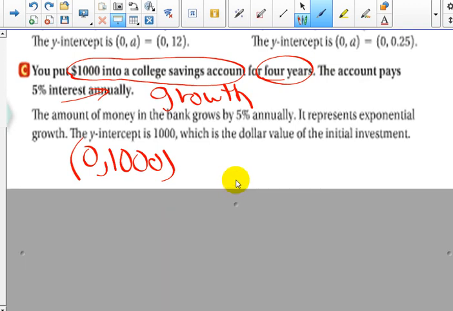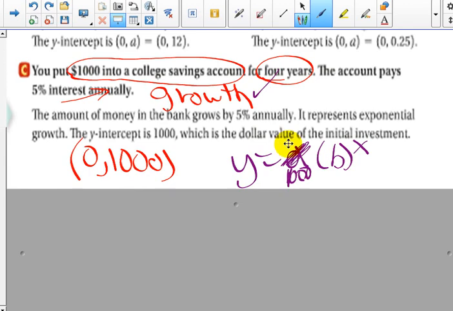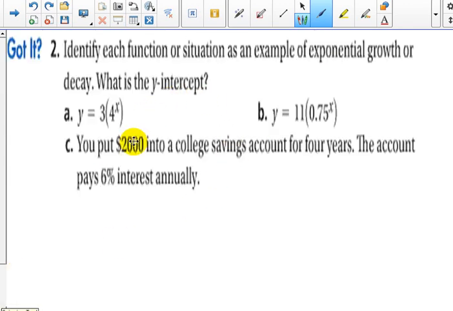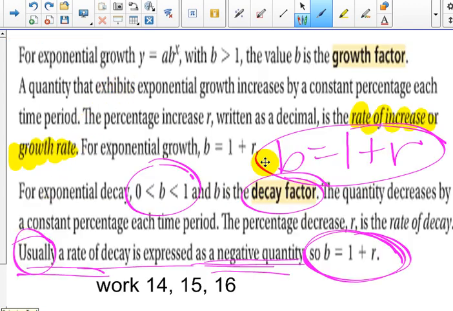So what part of this equation is it going to be, A or B? It's going to be our A, because A is our intercept. When they tell you you're starting with this much money, that's your A value. That's what's going to go there. We're going to learn more about this in just a second. So the answer was growth and (0, 1,000). Now you've done 5 through 13. Now moving on.